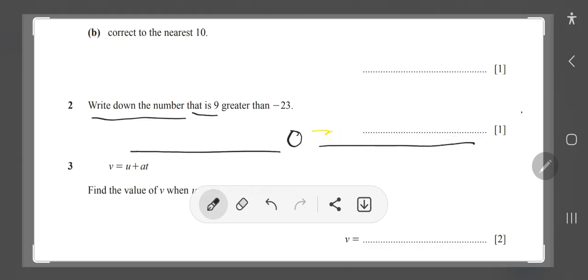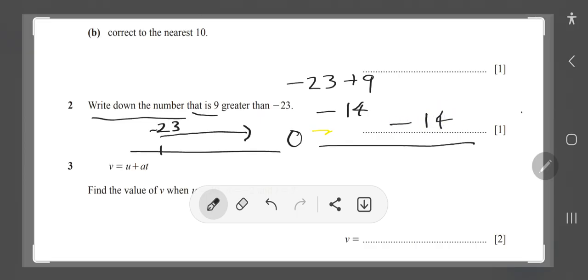So suppose there is minus 23 on this side, roughly, and when we make it greater by 9, it means we go towards 0 by 9 steps. 9 steps means we add 9 to minus 23. So minus 23 plus 9 is minus 14. So the result will be minus 14.